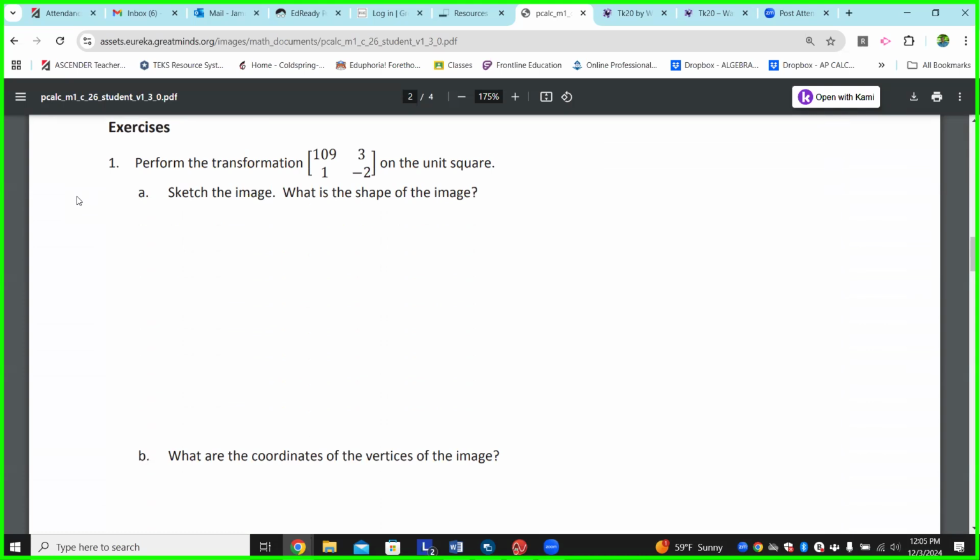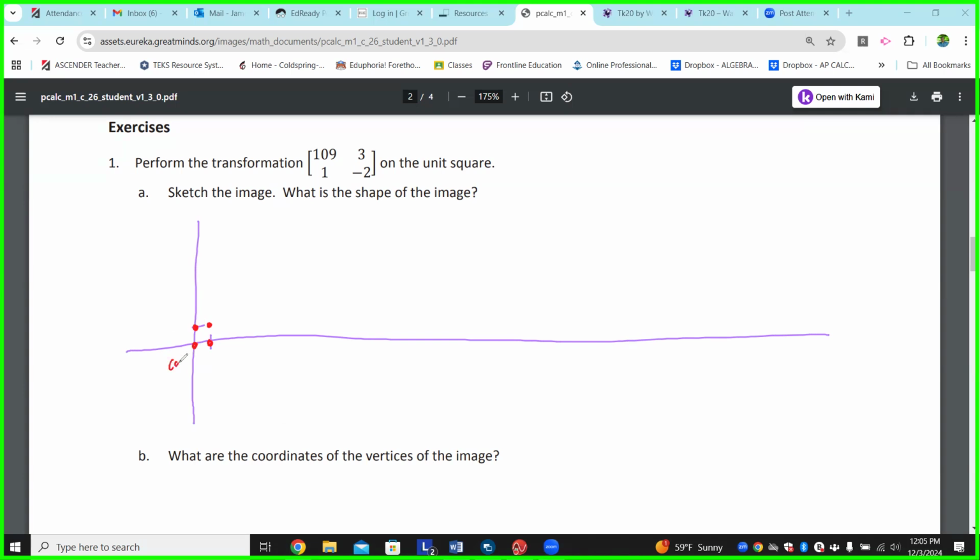In this part right here, we're going to perform the transformation on the unit square. Recall that this is what our unit square looks like. We had points at 0, 0, 1, 0, 1, 1, and 0, 1. That was our generic shape that we've always used.